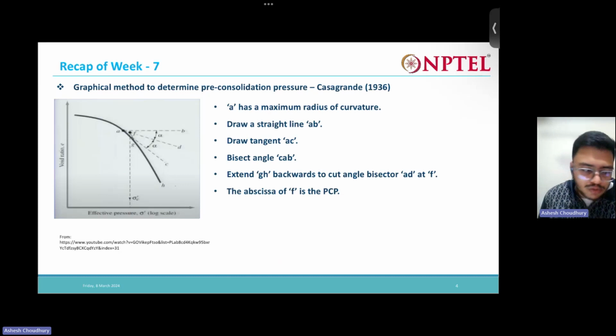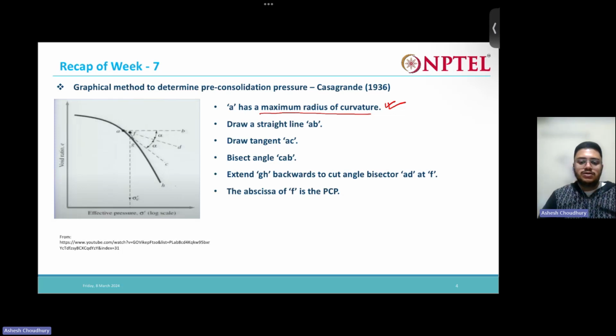In this curve, what we need to do first is identify the point that has the maximum radius of curvature. Visually we need to identify which point has the maximum radius of curvature.